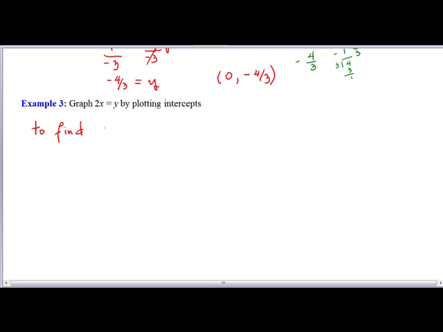To find the x-intercept, we let y equal to 0 and solve for x. So I have 2x equal to y, but y is 0. Now to solve for x, divide by 2. So x equals 0. 0 divided by a number is 0. So our x-intercept will be 0, 0.